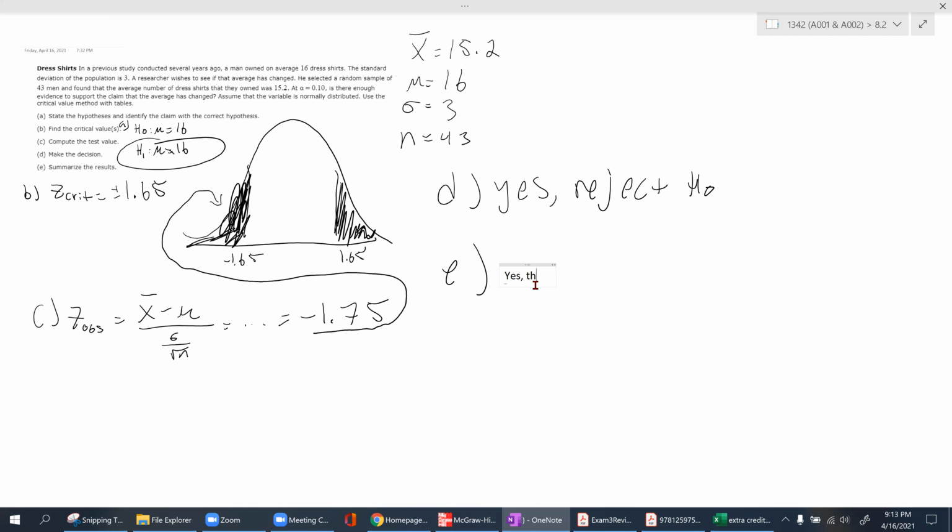So yes, there is enough evidence to support the claim that the average number of dress shirts is not 16. Very, very nice.